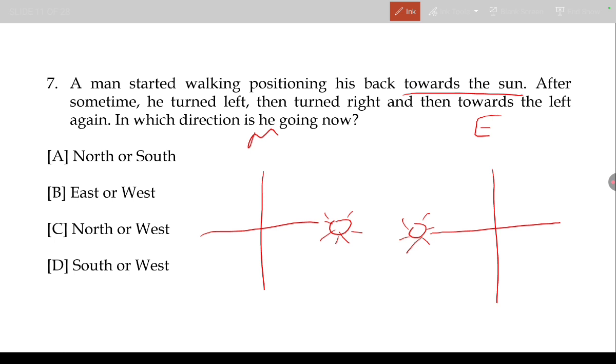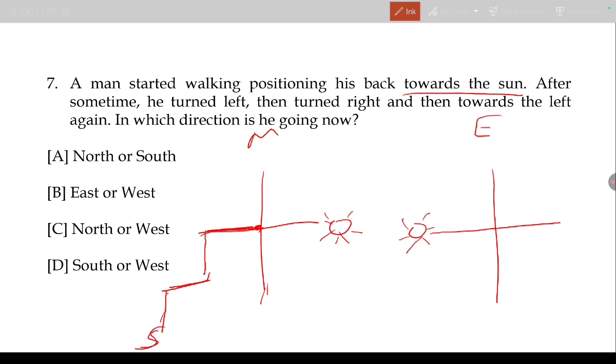If the sun is this side, his back will be here. He's walking this side. After some time he takes a left turn, which means this will be his left turn, and then he turned right, which means this side. Then towards the left again, this side. In which direction is he going now? It's the south direction. He is going below, right, it's a south direction parallel to this side.